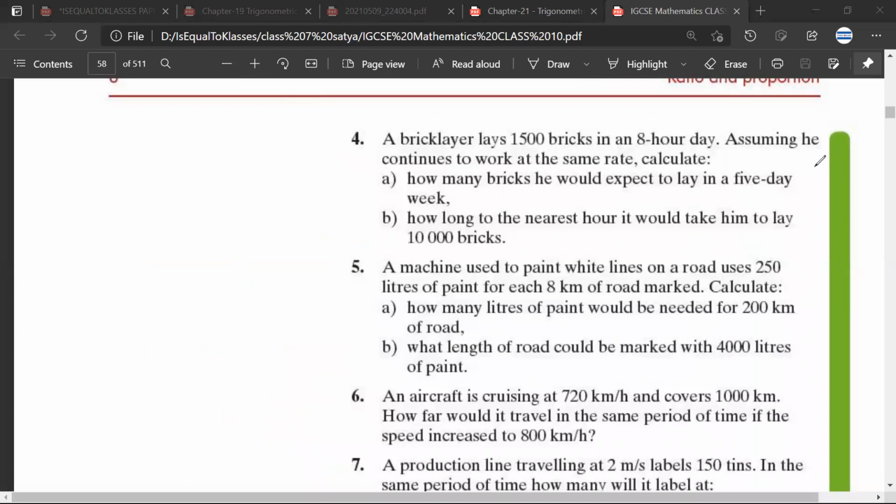Kilometers upon white lines equals 8 upon 250. So 200 equals 200 upon x.